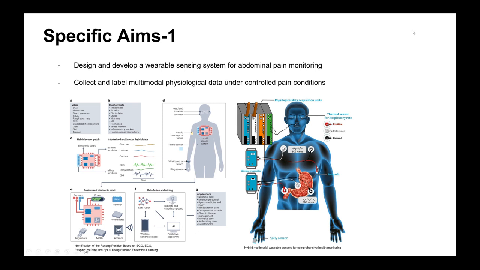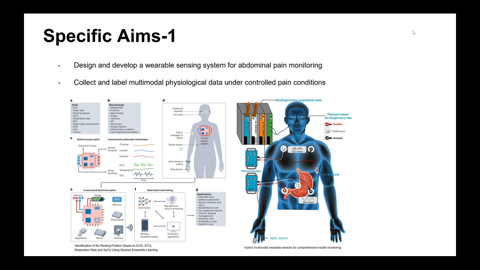In this first aim, our goal is to design and develop a wearable sensing system specifically for abdominal pain monitoring. As we already said, the system will include 4 non-invasive sensors: ECG, skin temperature, blood flow, and muscular activity.